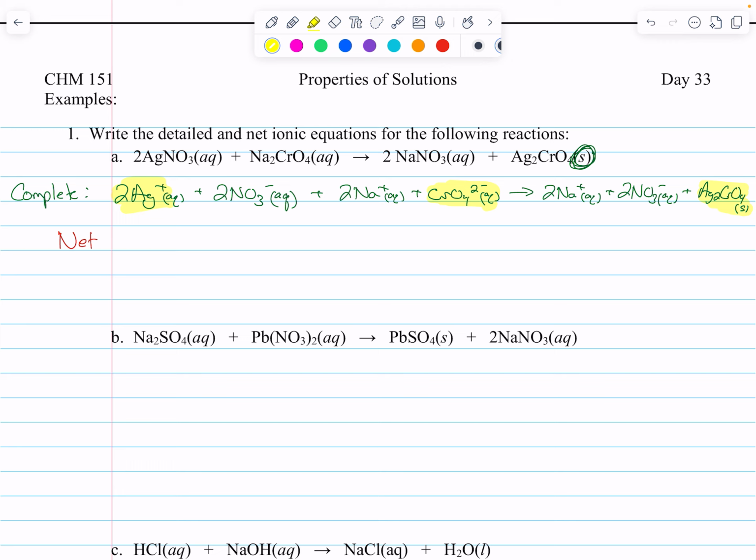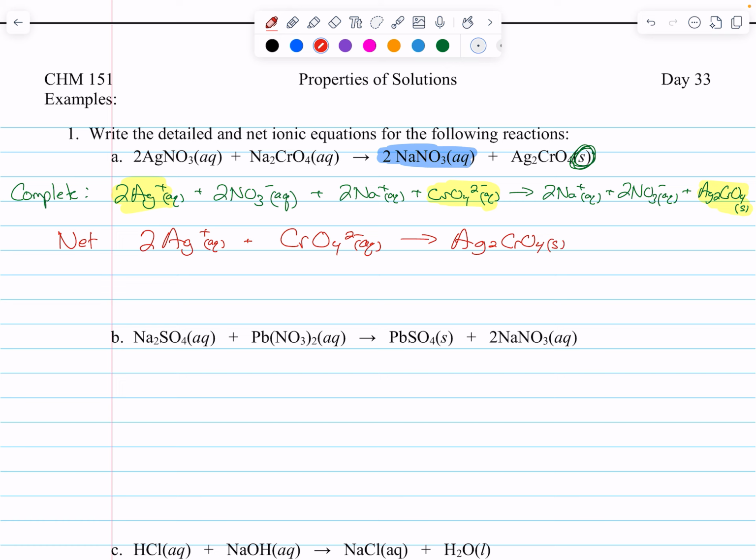Typically your spectators are going to be this compound, but not always. But in these double replacement reactions, it is. So now our net ionic equation would be 2 silver ions plus chromate going to silver chromate.